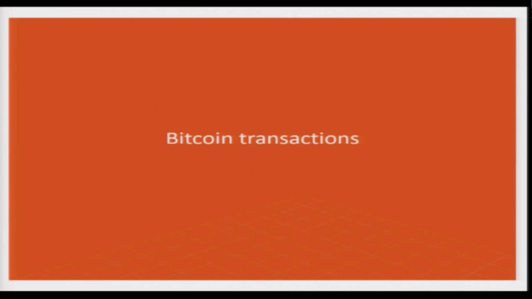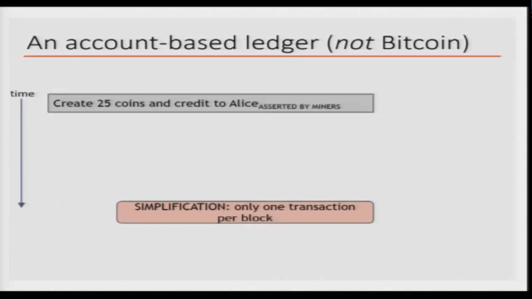The first thing one would think, having been used to the accounts based ledger, is that one might consider an account based transaction. An account based transaction will look like this. Suppose I have a transaction that creates 25 coins, and it says who it goes to, and this is asserted by the miners who create these 25 coins.